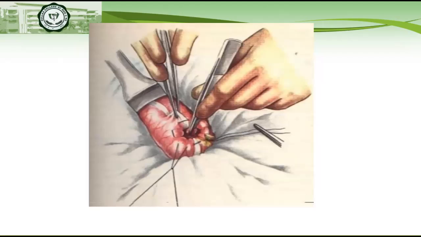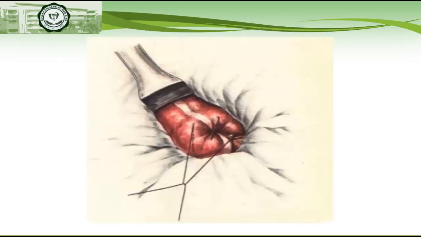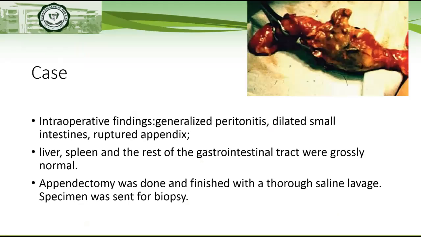And then here it's not commonly done, but sometimes you can do it. You imbricate the stump through the purse string suture here. So in our sample case, the intraoperative findings showed generalized peritonitis with dilated small intestines and a ruptured appendix. The rest were normal. Okay.